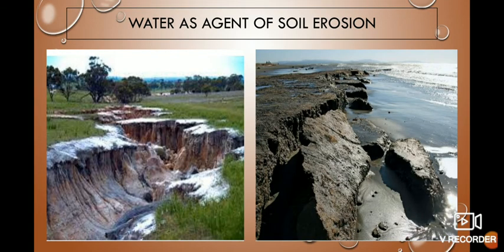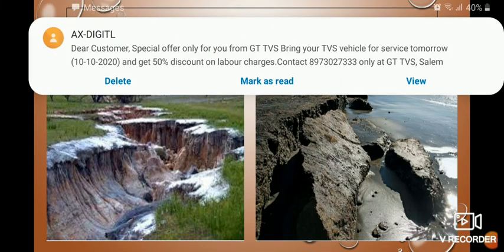Water as an agent of soil erosion. When water is flowing very fast, or when the river is in floods, it can take away a huge amount of soil, leaving deep gorges in the ground. The soil is carried away by rivers and is deposited at the bottom of the sea, never to be retrieved back.